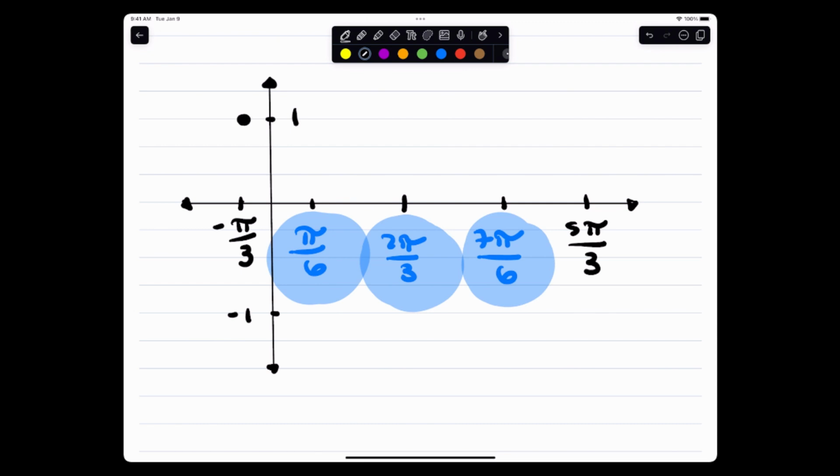Isn't that where cosine starts? And then what does it do? Comes down to the x-intercept value, and then it goes down to the what? The minimum, and then it comes back to the x-intercept value, and then it goes to the what? Back to the maximum value. Is that true? So you guys can now sketch the curve.